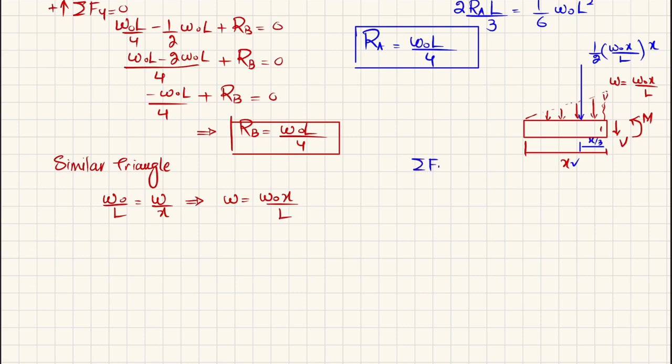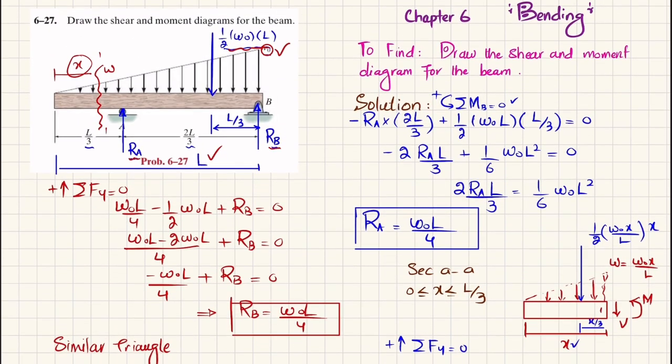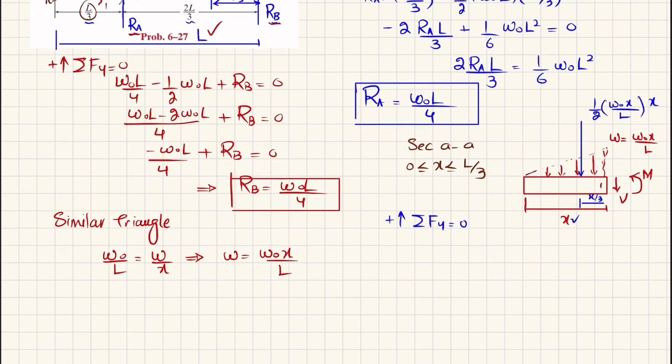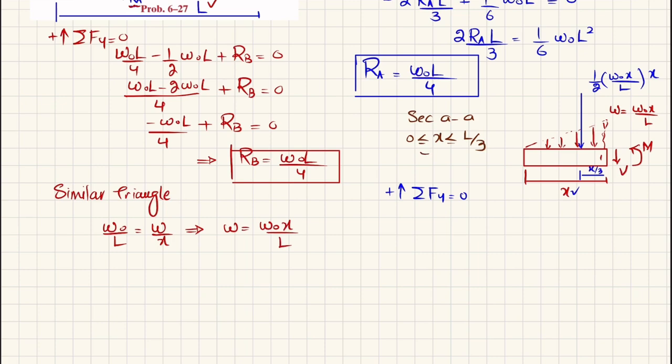So the first equation of equilibrium is that the sum of all forces along the y direction must be equal to 0, and upward force is taken as positive. And remember that section AA is for x greater than or equal to 0 and less than or equal to L by 3. So x starts from here at 0 and here you can see x is L by 3. So this equation will be valid for this region.